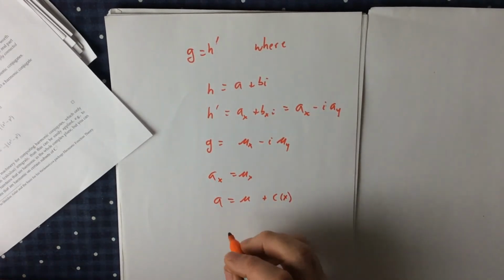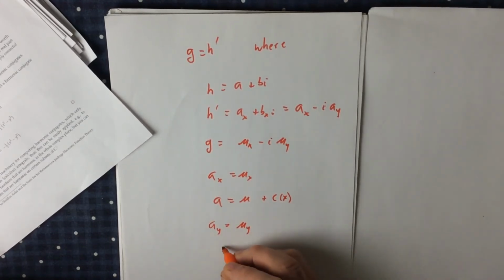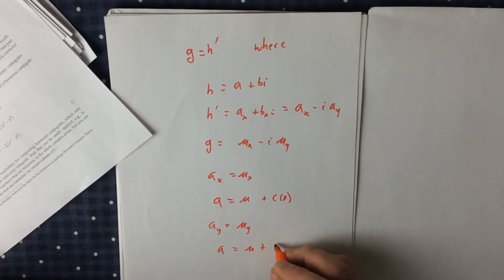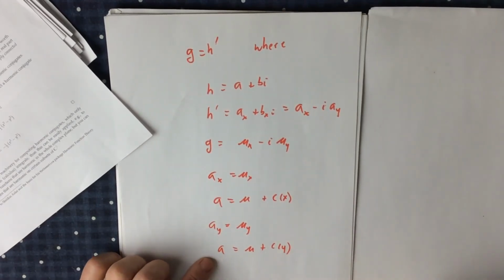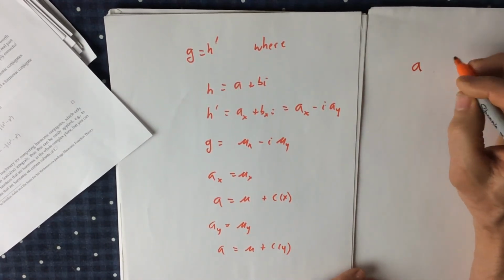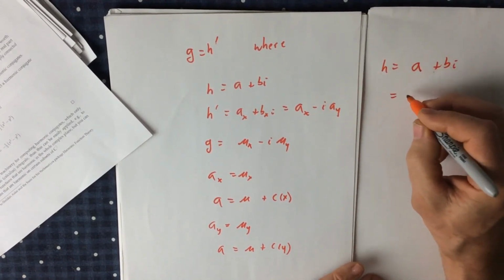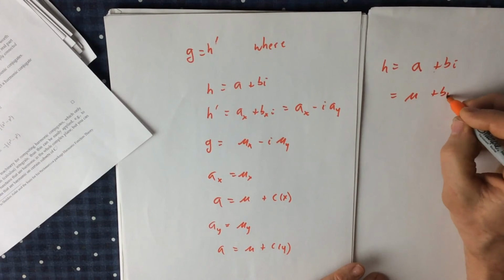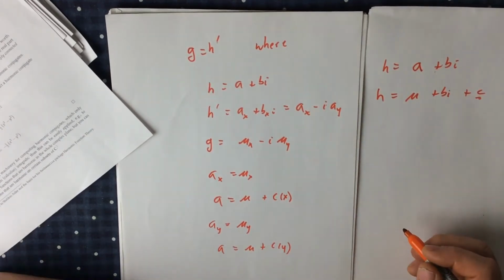But now we look at the other side, and we discover that a sub y is equal to mu sub y, so a is equal to mu up to a constant function in x. Well, what's that mean? A function of x and a function of y is a constant. So therefore, this a in the h is actually mu plus a fixed constant.